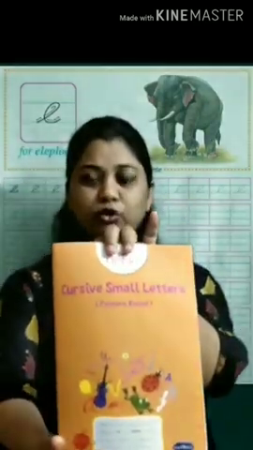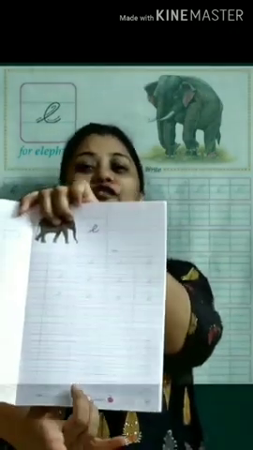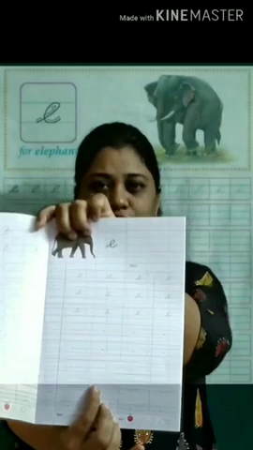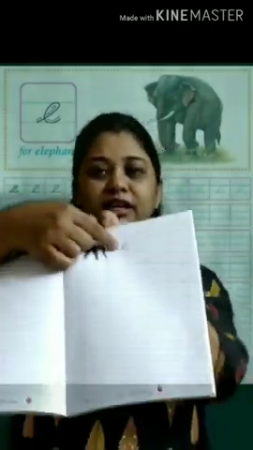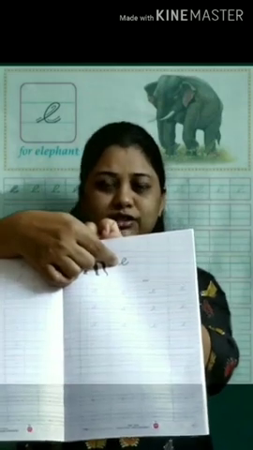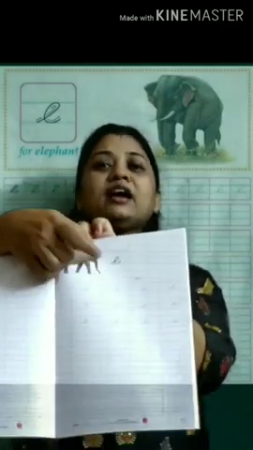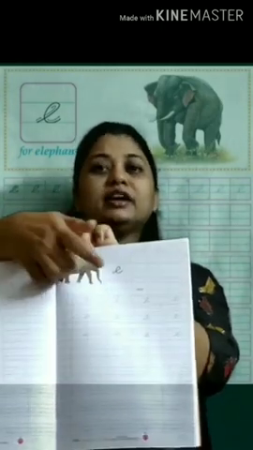For that, you need to take your English workbook and open page number 41, where cursive E is given. Look students, I showed you just now, elephant.